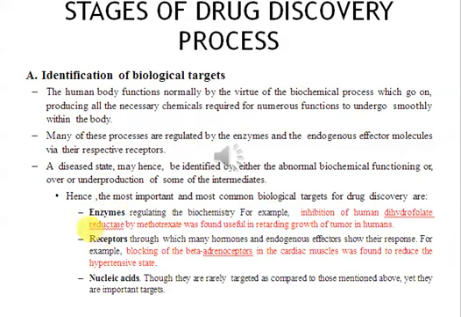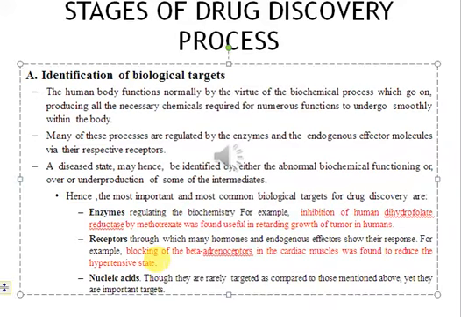The next target is the receptor. Receptors are basically mediators of responses, and they are the means by which many hormones and endogenous factors show their responses. For example, if we block the beta adrenoreceptor in the cardiac muscles, it has been found that this blocking reduces the hypertensive state.